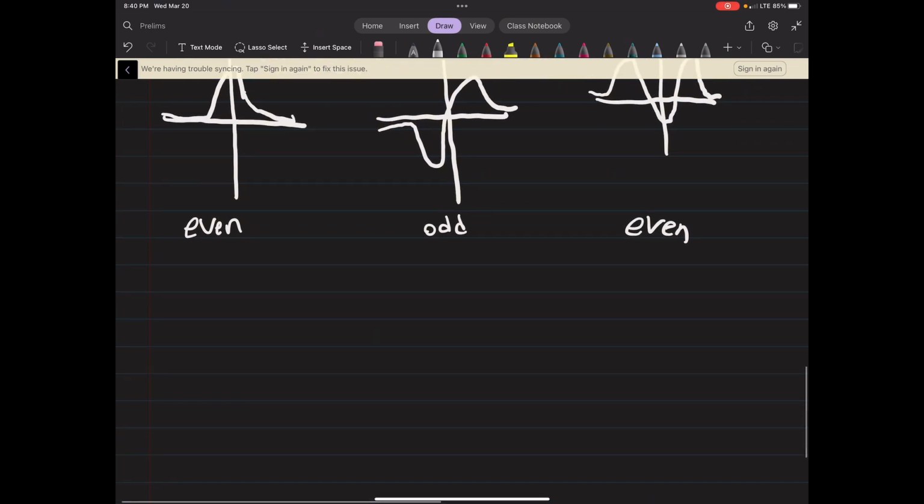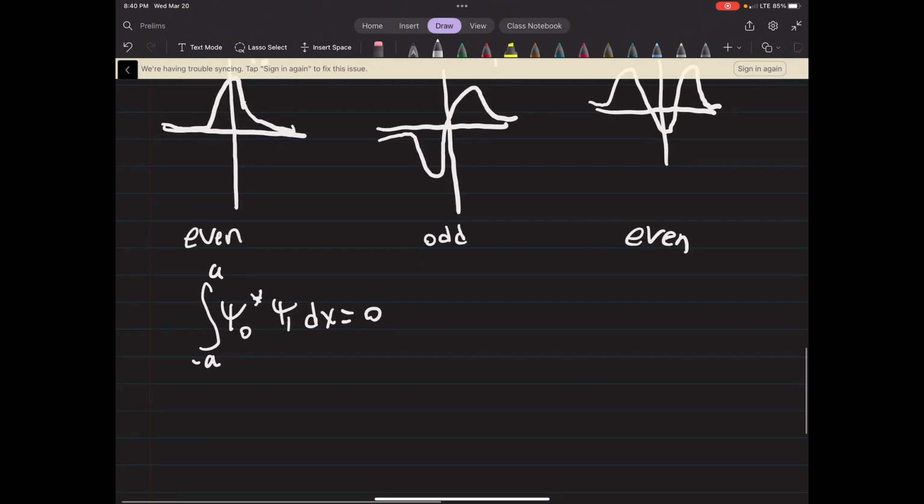So in other words, we know that say psi naught star psi 1, we integrate this, that'll be 0, and so will it if we switch and do psi 1 psi 2, because they're odd and even.